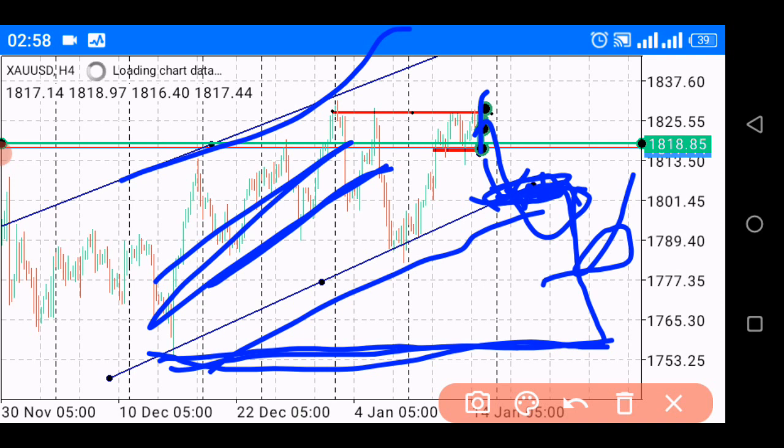A momentum candle, a breakout candle. In a breakout strategy, the candle we are looking at is a momentum candle. And in the reversal structure, when you are looking at a reversal trade, you are going to look at a reversal and indecision candle.